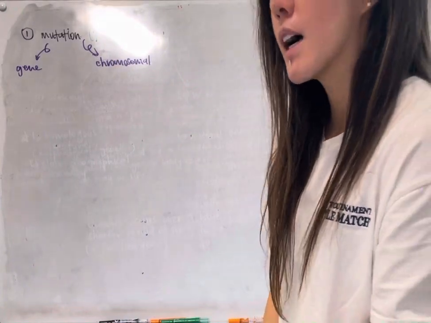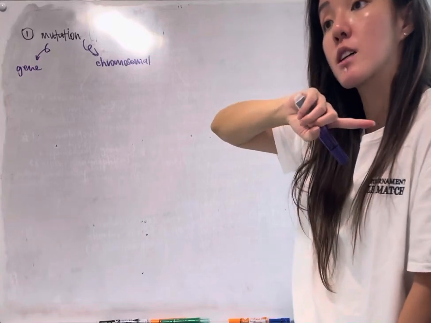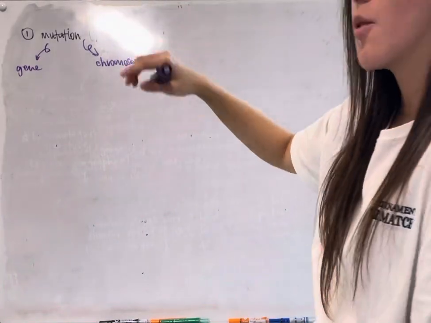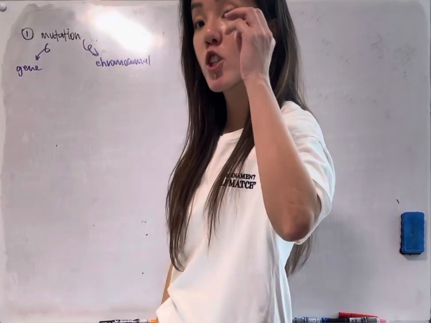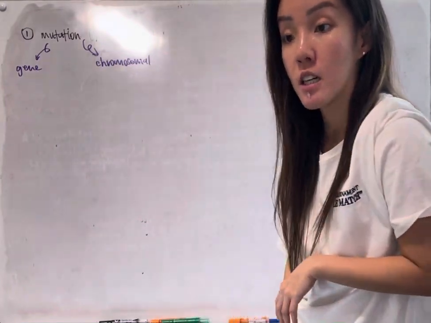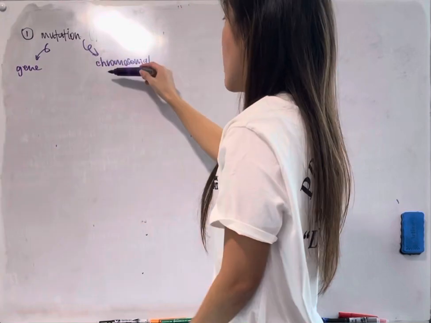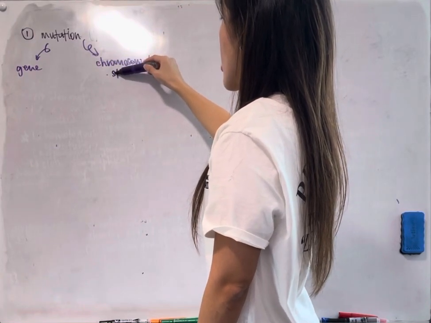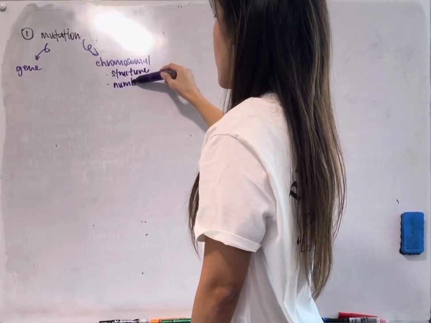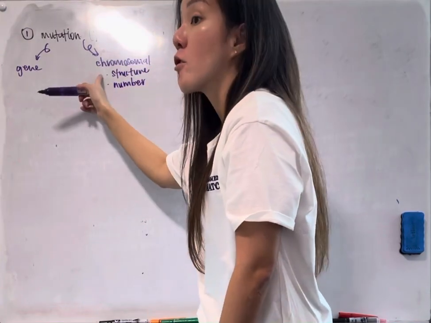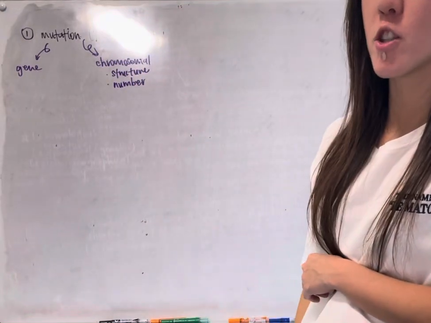Understand? But obviously, when we talk about mutation relevant to evolution that can increase GV, we are talking about gene and chromosomal mutation that will change the protein structure. Hopefully you know chromosomal covers both structure and number, right? It doesn't mean chromosomal mutation does not contribute to genetic variation.